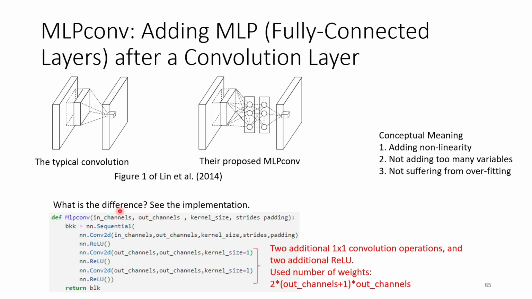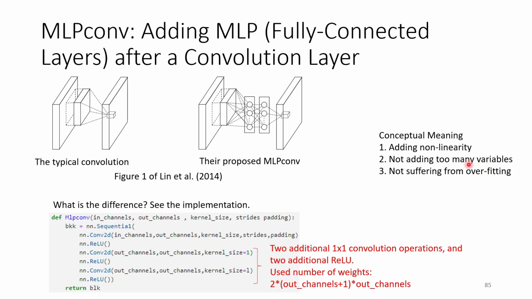So you can see this is a typical 2D convolution kernel, and they introduce the 2 1-by-1. This 1-by-1 means the kernel size is just 1. And why do they introduce the 2 1-by-1 kernels? Because they can add more nonlinearity, and they won't introduce too many new weights or variables.